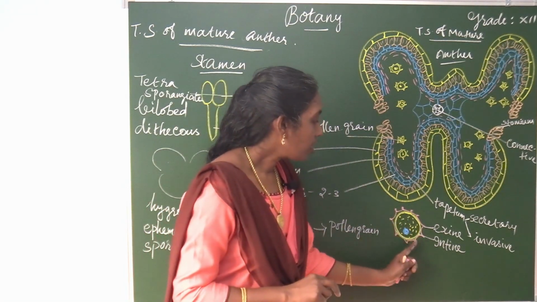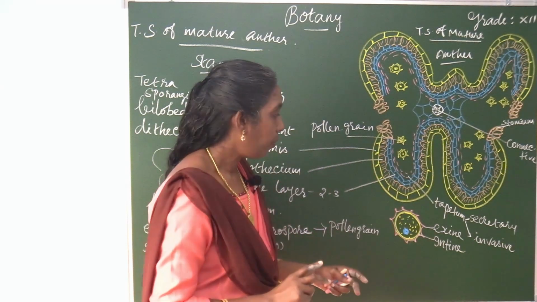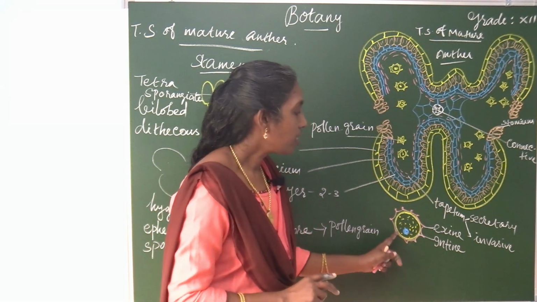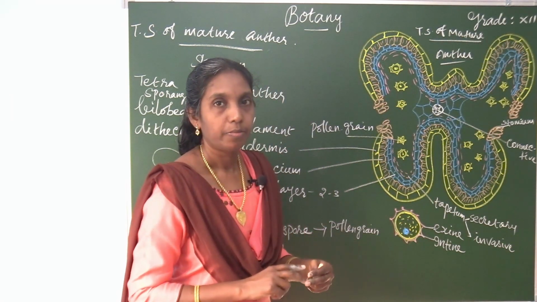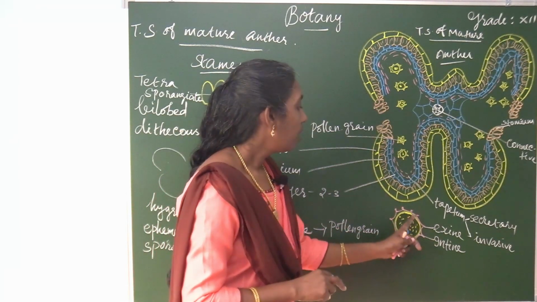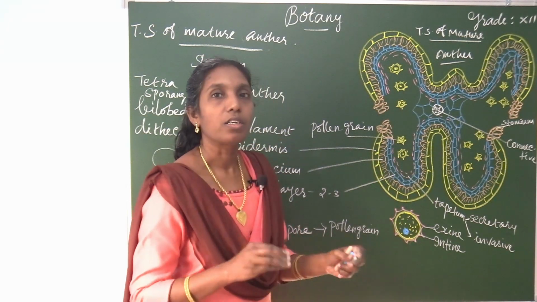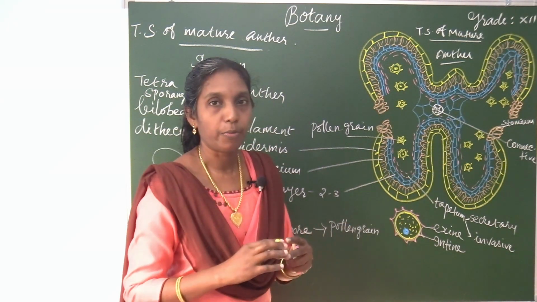The exine is made up of cellulose, sporopollenin and pollen kit, and the intine is made up of pectin, hemicellulose, and this type of wall material is present in the intine. And this exine is not uniformly distributed.